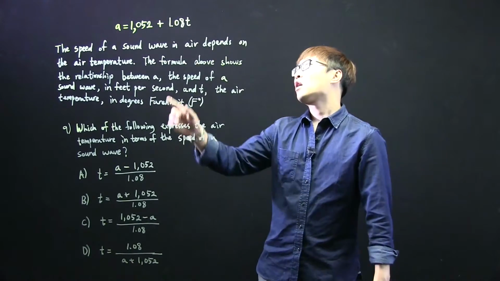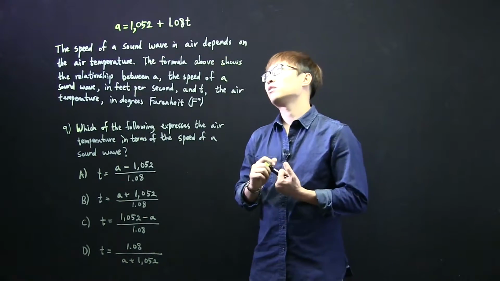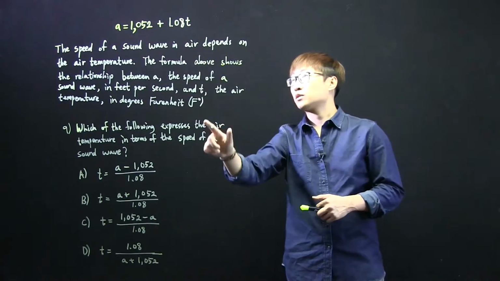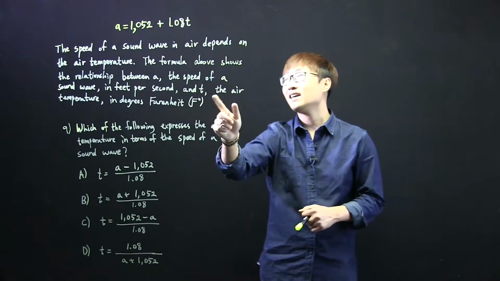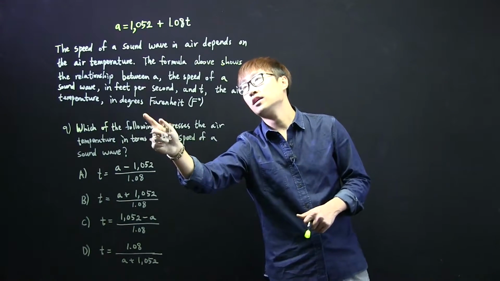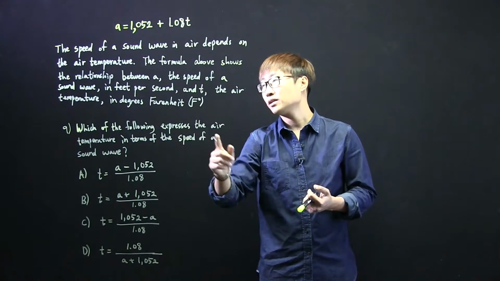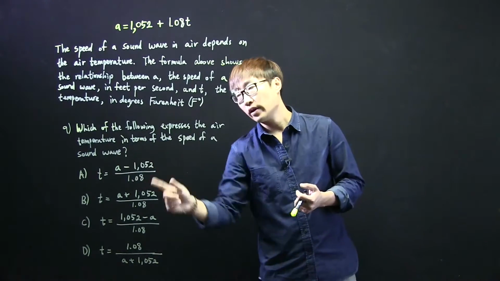Number 9. The speed of a sound wave in air depends on the air temperature. The formula above shows the relationship between A, the speed of a sound wave, in feet per second, and T, the air temperature, in degrees Fahrenheit. So, which of the following expresses the air temperature in terms of the speed of a sound wave?